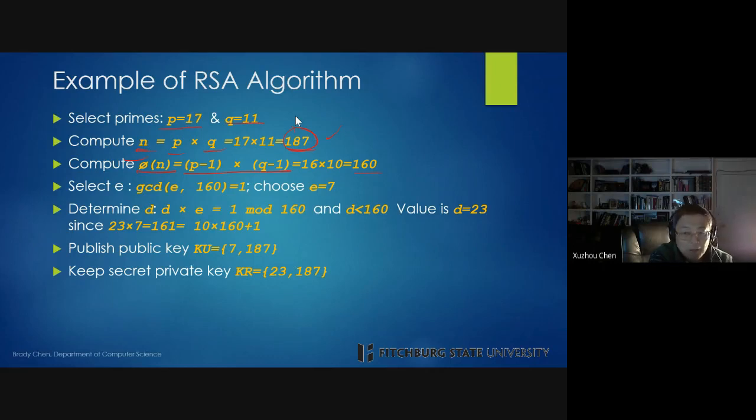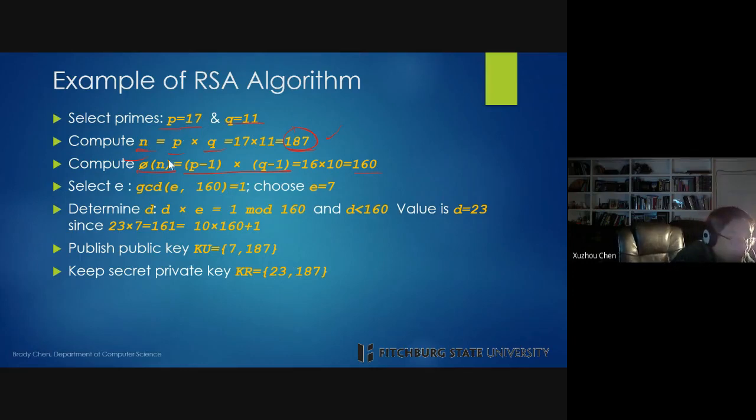They can even use a computer program to do a loop: divide 187 by 3, by 5, by 7, by 9, by 11. You can always find a number that divides 187, and it's very quick. So no wonder this number is not secure. No one is going to use these two prime numbers.